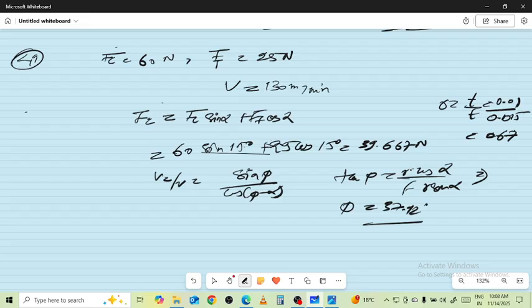Now the VC by V value is to be sin 37.92 upon cos of 37.92 minus 15. So 0.667.